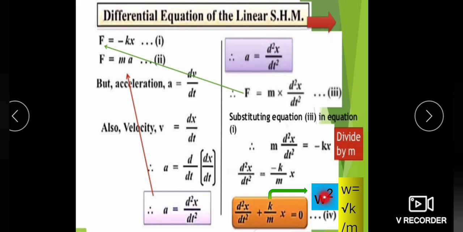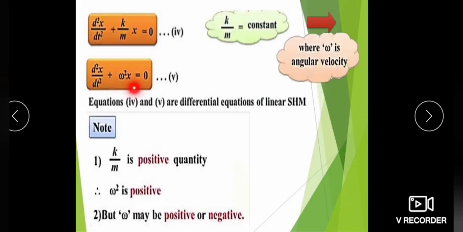This is the differential equation of linear SHM. Here k upon m is omega square, where omega is angular speed, equal to square root of k by m.